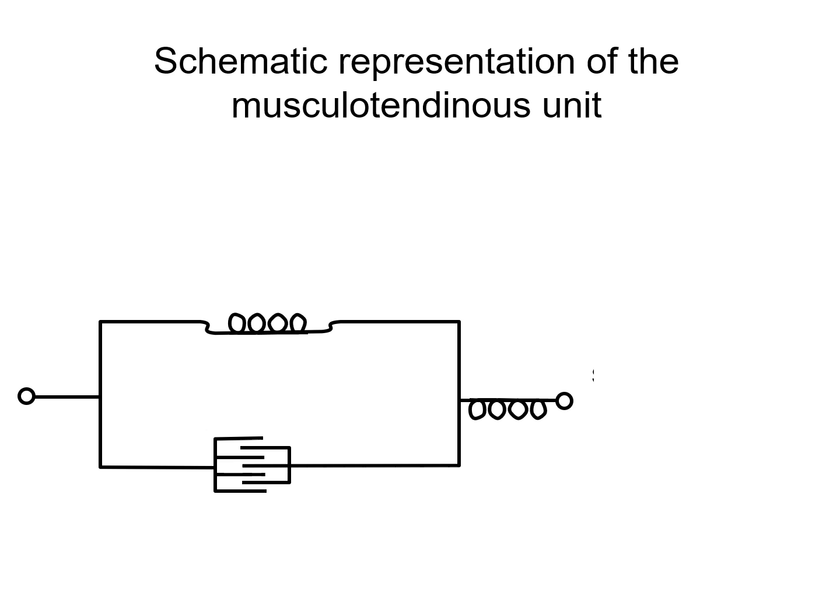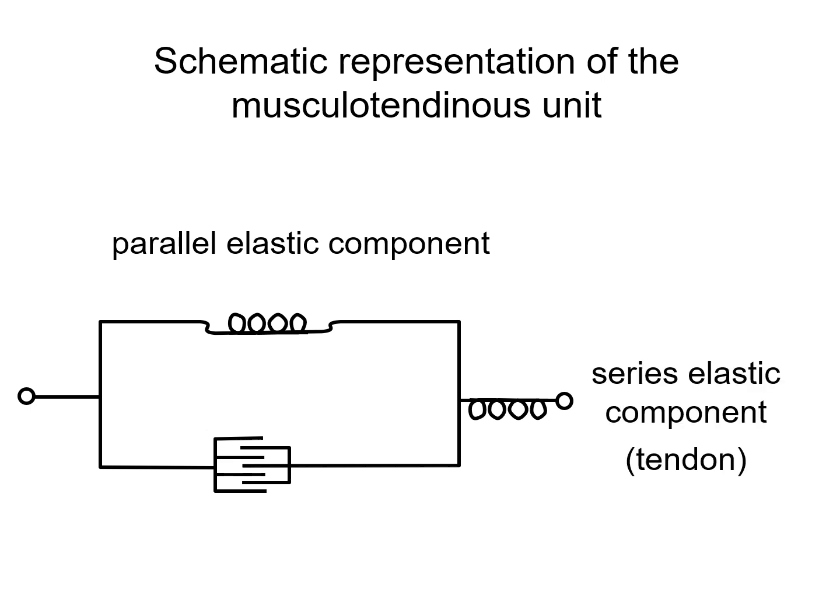So this is a schematic of our musculotendinous unit. There are a couple of components to the musculotendinous unit. We have the parallel elastic component, which is part of the muscle membrane. Then we have the series elastic component, which is part of the tendon.